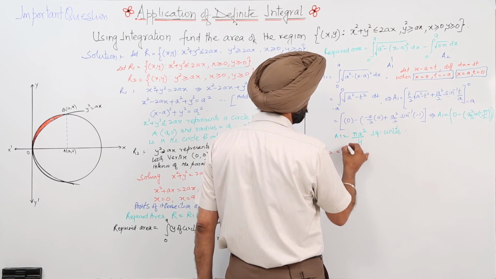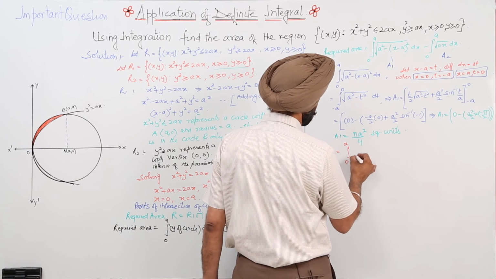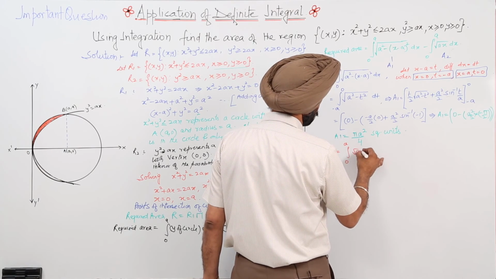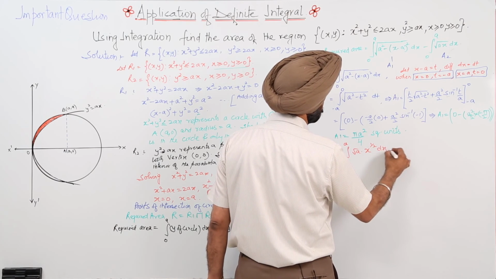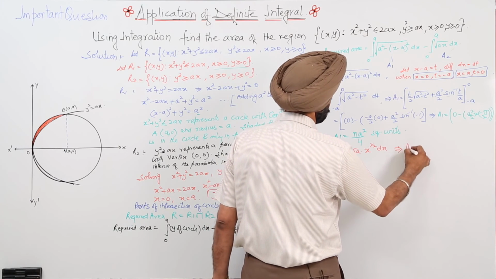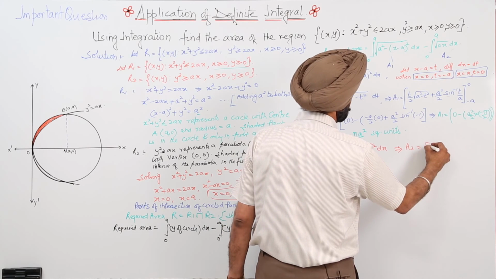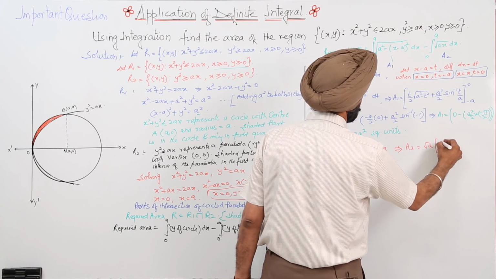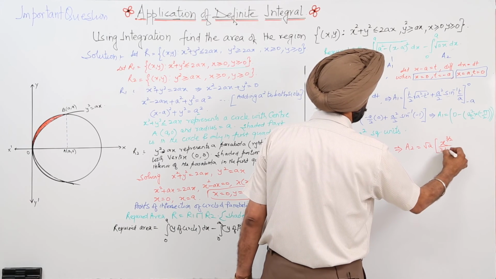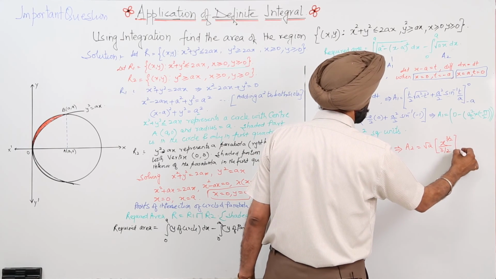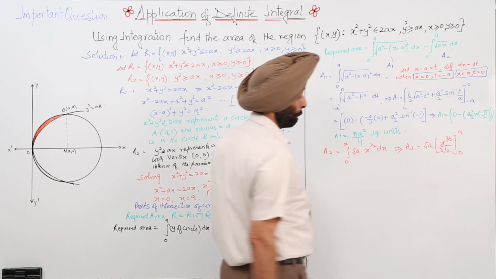Now A2 is equal to the integral from 0 to a of √a · x^(1/2) dx. A2 = √a · [x^(3/2)/(3/2)] from 0 to a.